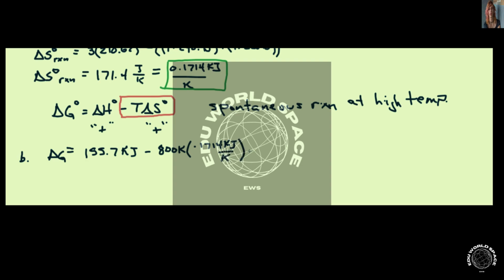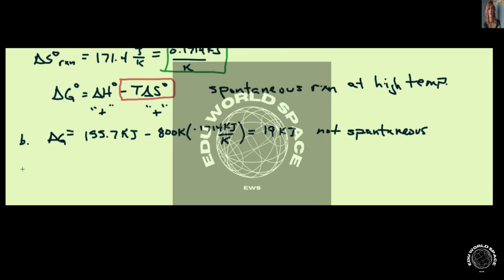We find that at 800 Kelvin, the delta G is going to be 19 kilojoules. That's not spontaneous because it is not negative; it's positive.